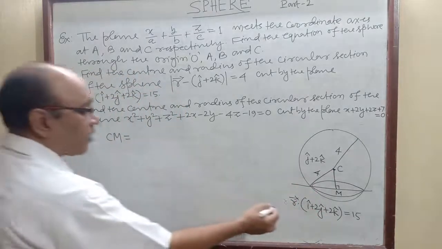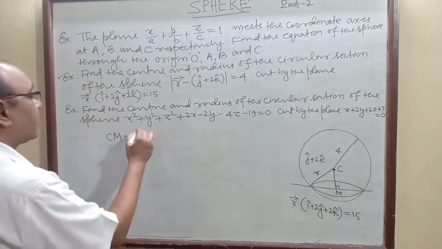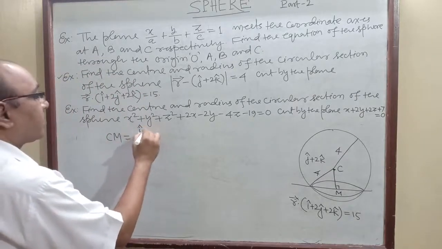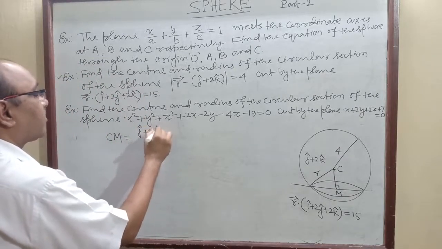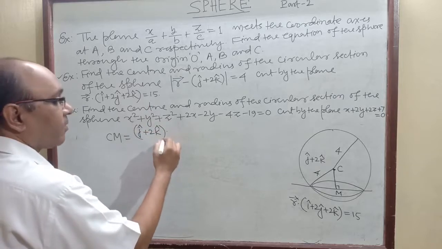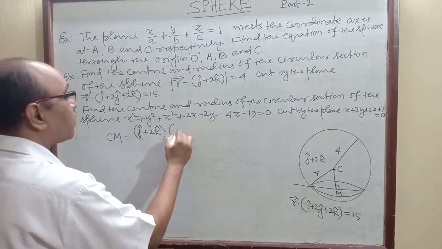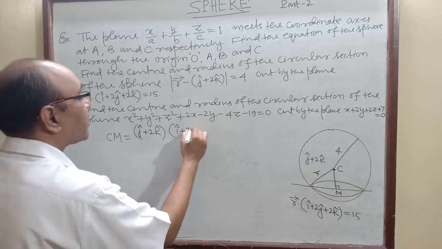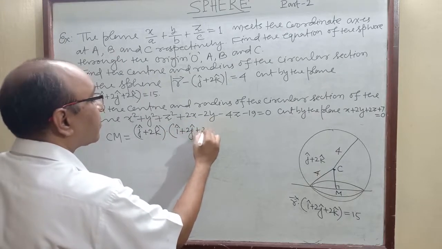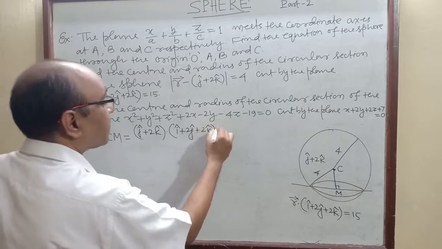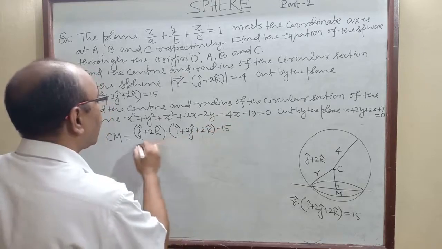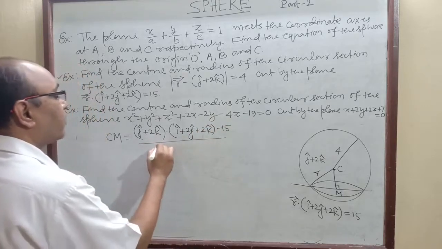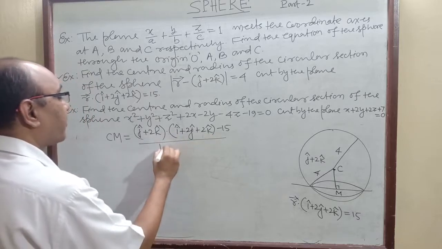Length of perpendicular will be, in place of r, we write j plus 2k. These things are discussed in the plane chapter in detail, so you must go through plane before reading this sphere. Plus 2k. Just 15 will come this side, divided by mod n.